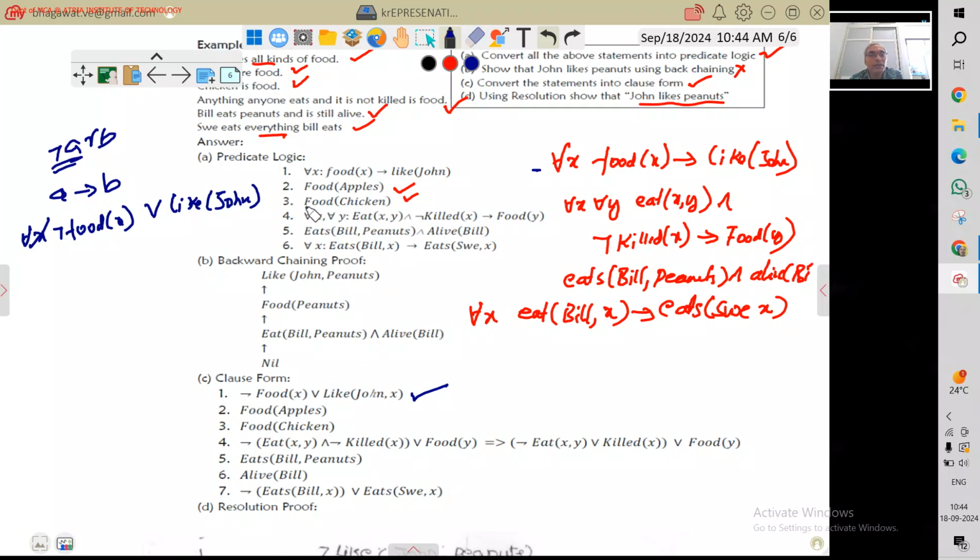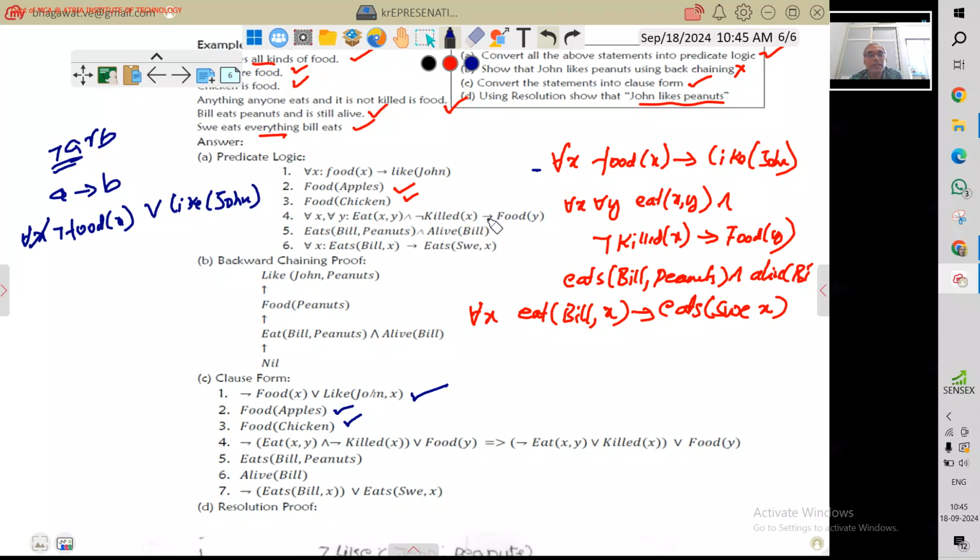If we take the second one, apple is a food, so no need to do anything, it is already in the clause form. The third is also in the clause form. Now the fourth one, you have to remove this implication. So when you remove this implication, we are going to get negation eats of x comma y or negation killed of x or food of y.